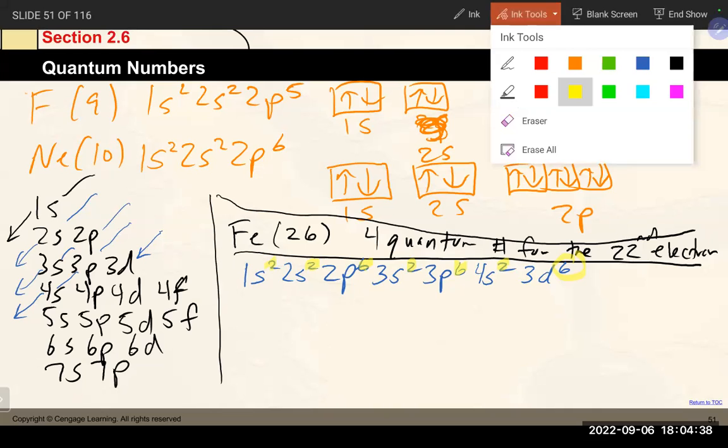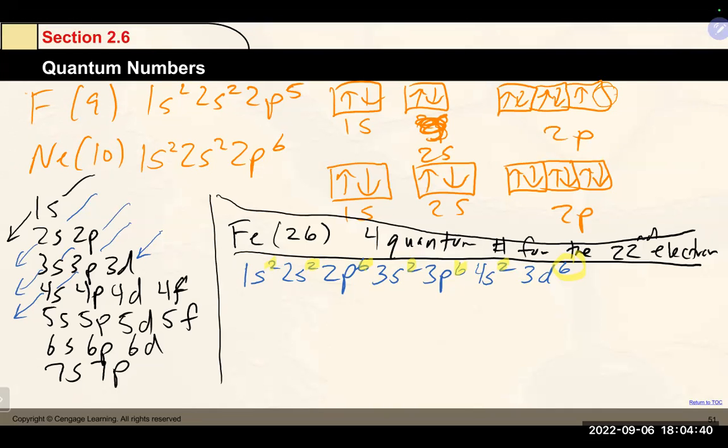And if it helps you to visualize it, you could draw your boxes for your d orbitals, which should be 5 boxes, by the way. And they would fill just like the p orbitals. So the first electron would go there, second, third, fourth, fifth, and now the 6th would roll here. So that would be really the way that the d orbitals would be filled in.